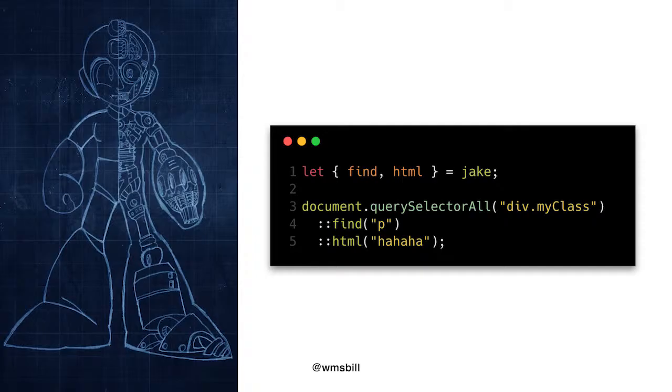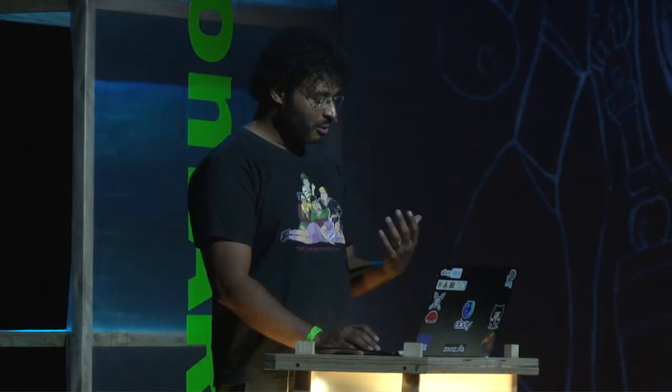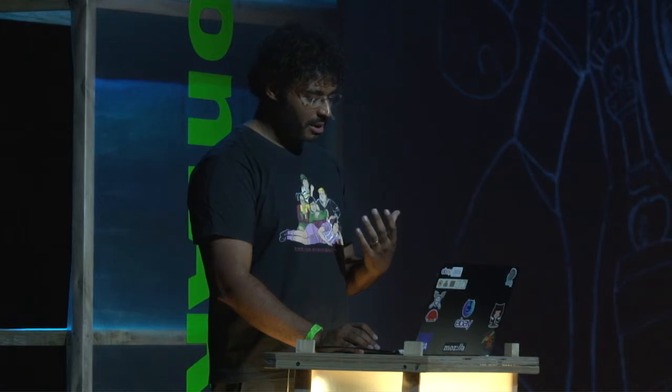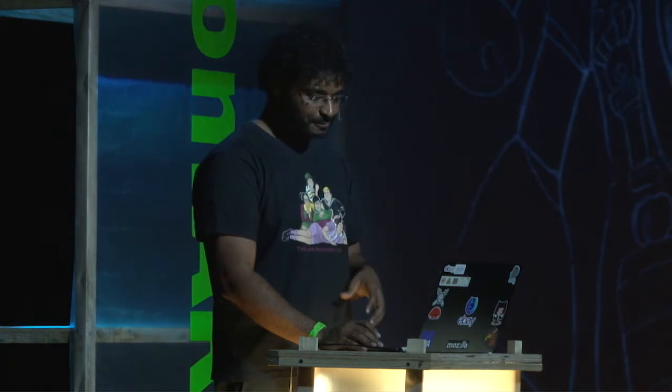Or even another example, like in a jQuery-like library, you could just extract the functions that you need and compose those to do whatever you want to do. This is super cool because it creates a new way to compose functionality via virtual methods.